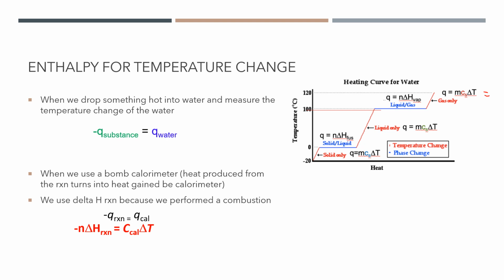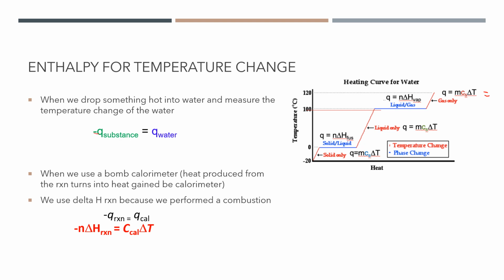And okay, yeah, so the negative Q of your substance should be set equal to the water. I probably should have explained this before running off. When you drop something in the water, you can determine how much the water temperature changes, or you can determine how much heat was in there. There's a lot of things you can do.